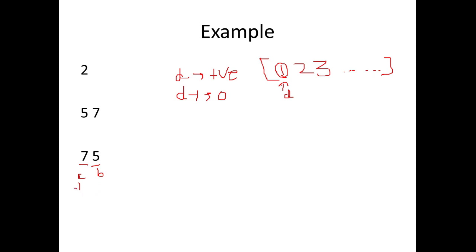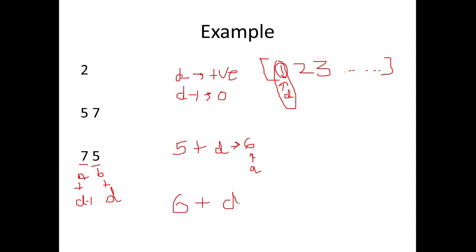Again taking the value of d as 1, d minus 1 will be 0, so a will remain unchanged in all the operations we will be performing. So 5 plus d, and d is 1, so it becomes 6. Now 6 plus d becomes 7.